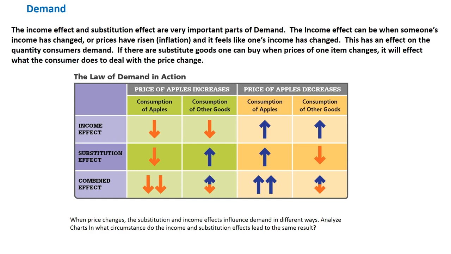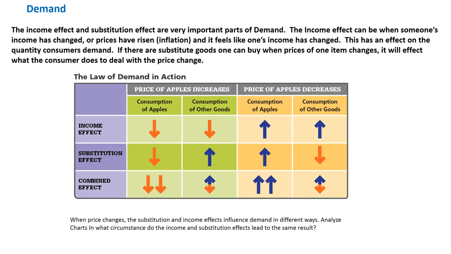Now, when there are substitute goods available to buy, you might see a change in one item, but the effect on what the consumer does with the others might be different. So for instance, in the same scenario, if the price of apples increases, where it says substitution effect, you're going to see people buy fewer apples. But instead of buying that as a fruit, they may substitute other fruit like oranges that are cheaper, perhaps.